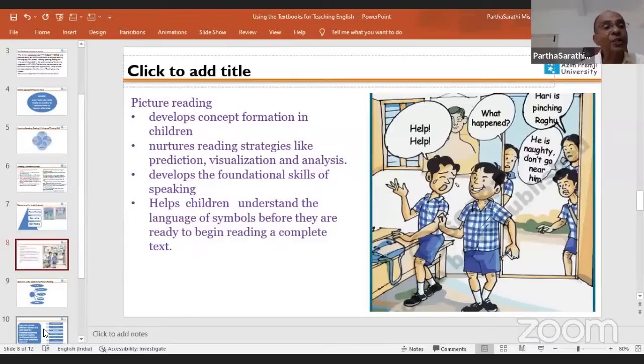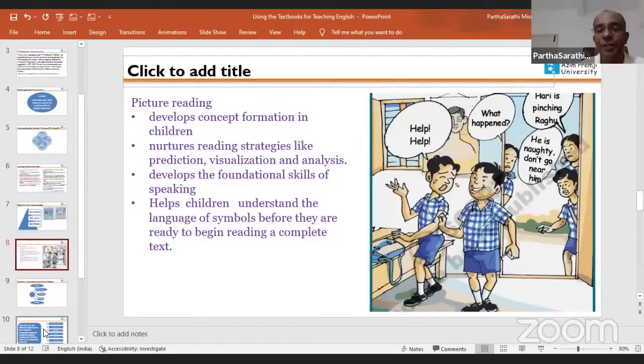And you can make a collection of these resources for classroom transaction. If you collect those pictures and prompt them to discuss, to respond to those pictures, initially, they will try to speak both in English and the mother tongue. Let them do it. You supply the English equivalent.